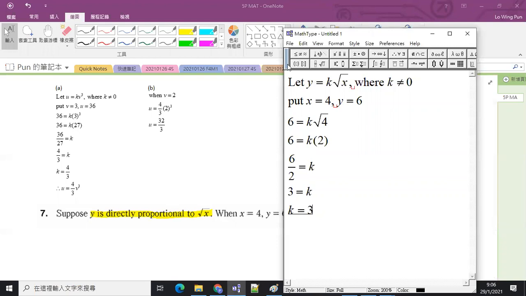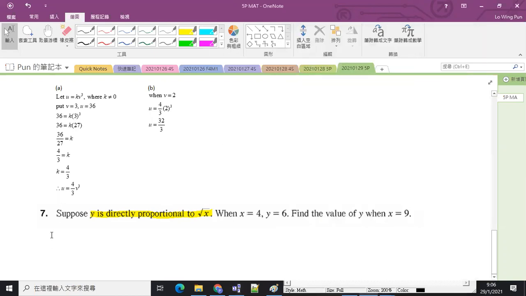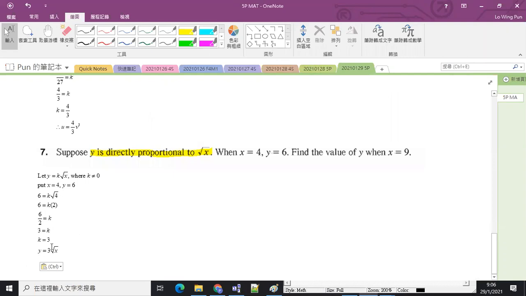Can you get this? And then just write down the complete information for this. But the question is not asking you to express y in terms of x. The question asks you to find the value of y when x is equal to 9. So you need to calculate further.